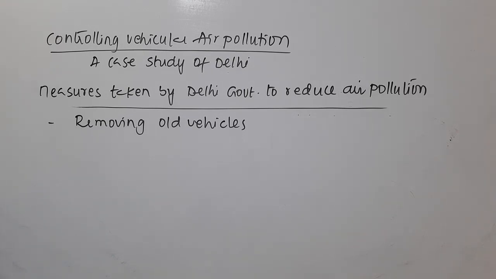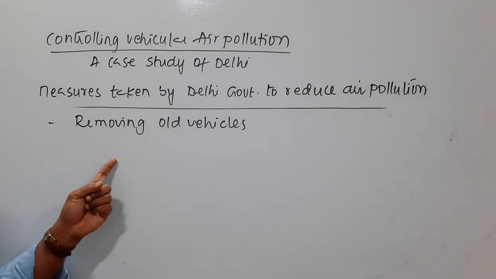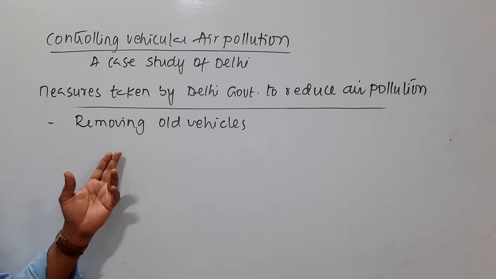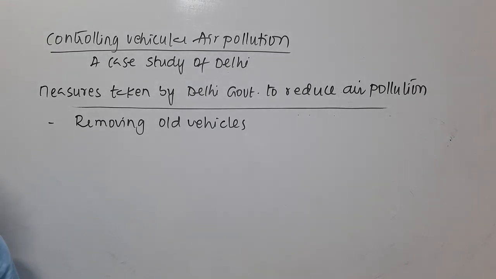But in India, most people like to use vehicles for a very, very long time, and these older vehicles cannot burn the fossil fuels efficiently. Because of that, a lot of unburned hydrocarbons and other toxic gases are released into the atmosphere, polluting the environment. Hence the Delhi government has taken strict norms to completely remove these old vehicles.